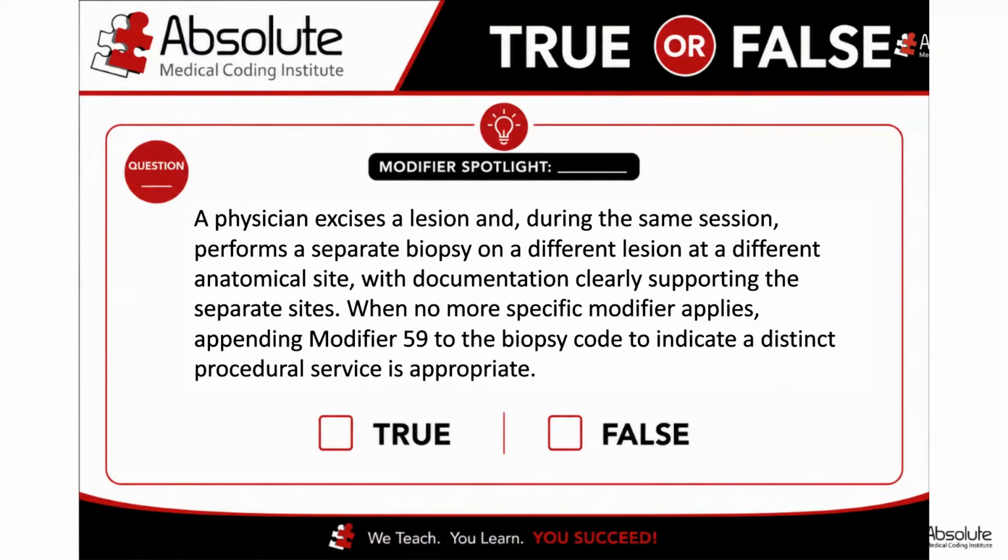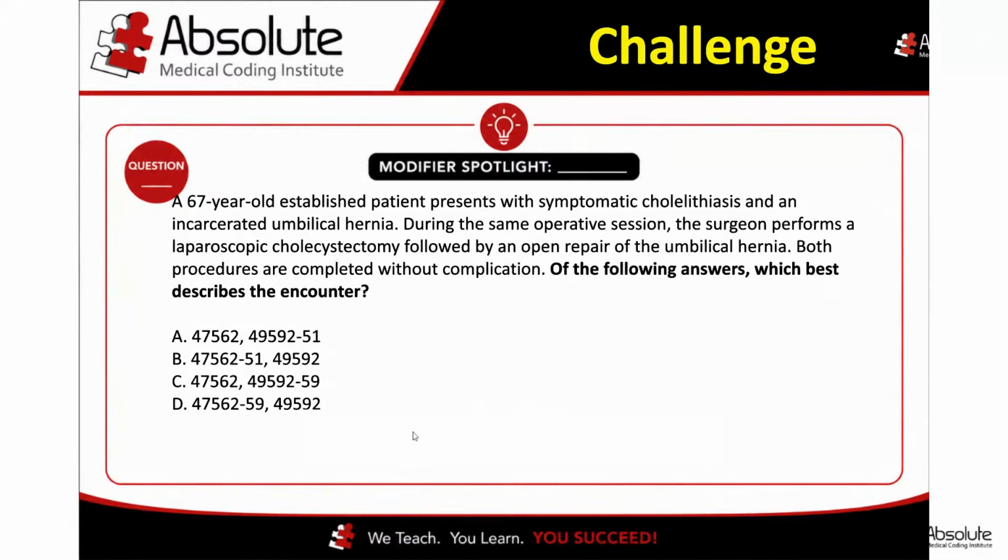What say you? Okay, good job. You all got that. True. We saw lesions. We saw distinct. It was a lot of different things going on. So modifier 59 may always be assigned for different lesions. That is a big keyword. Okay, good job.